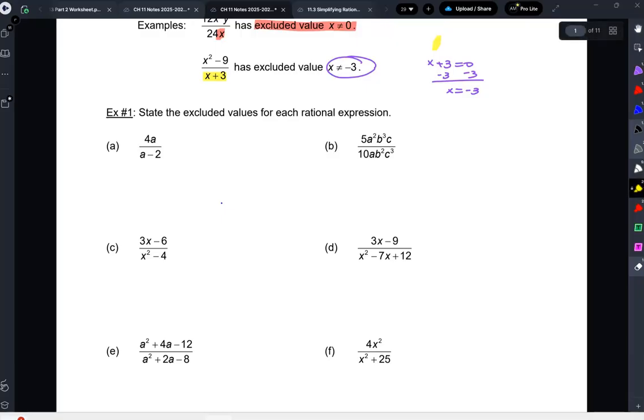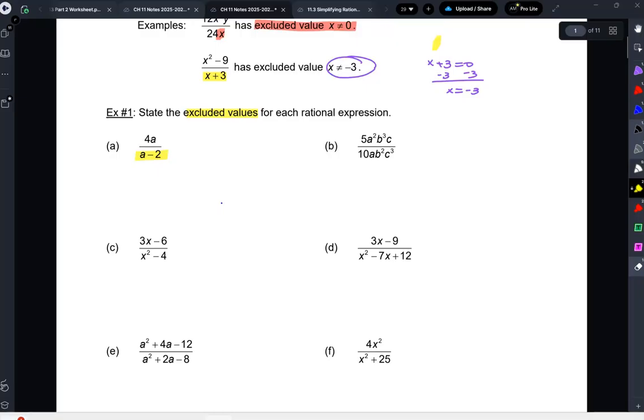So here we're going to write the excluded values for each rational expression. Now, for the excluded values, all we need to take is the denominator. I ignore the numerator. Now, in this denominator, a minus 2, do you see how there is a minus inside here? That means how many terms are in a minus 2? 2 terms. That's a binomial.